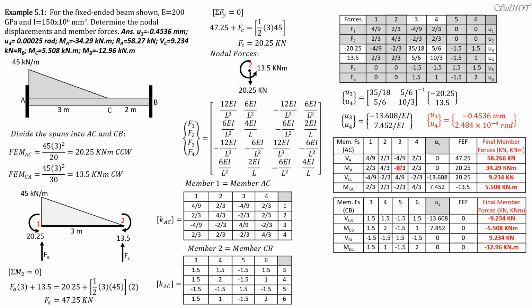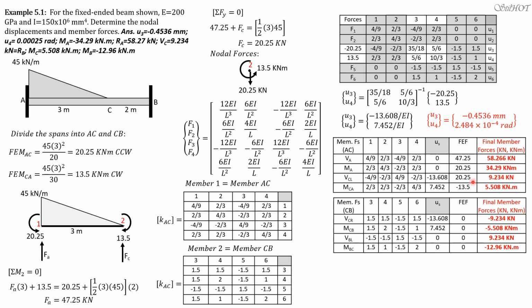For the second row, moment A: negative 2/3 times negative 13.608 plus 2/3 times 7.452, then plus 20.25, we'll get 34.29 kilonewton meters.